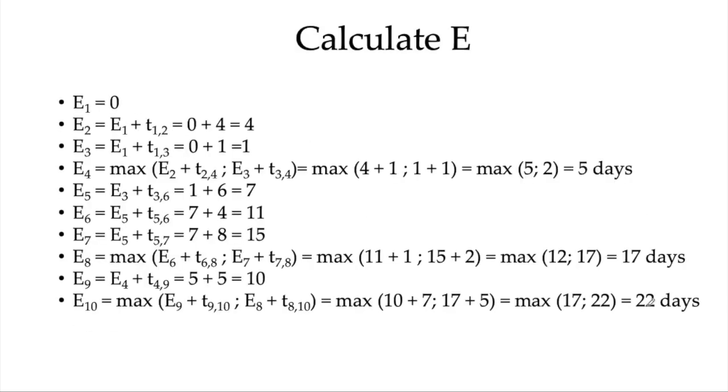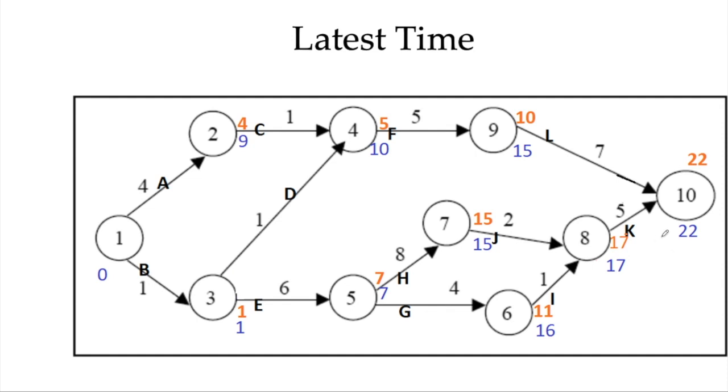Now in case of L, this is the latest time, so we go in a backward direction. We start from the end activity, the last activity, and move backward to the start activity. So it finishes at 12. If it finishes at 12, when can this activity be started?